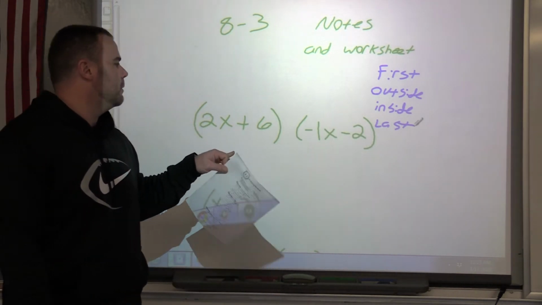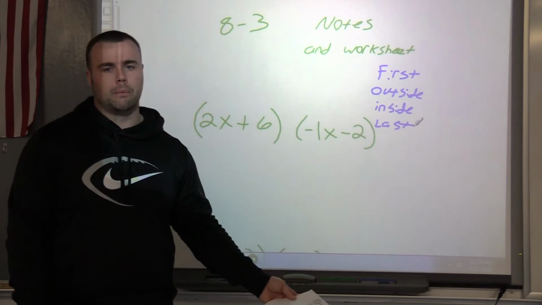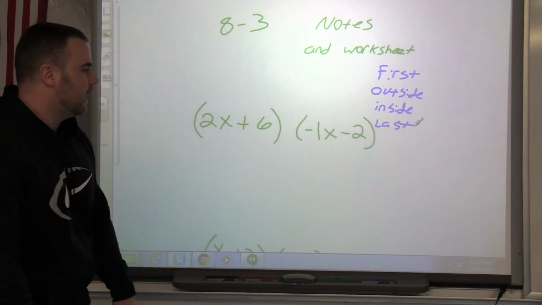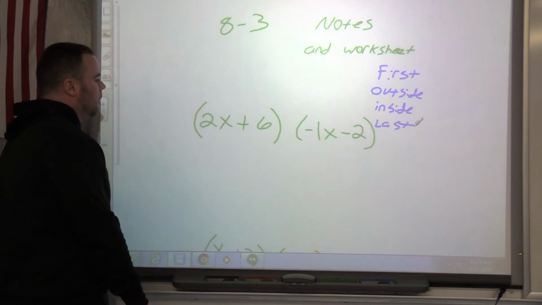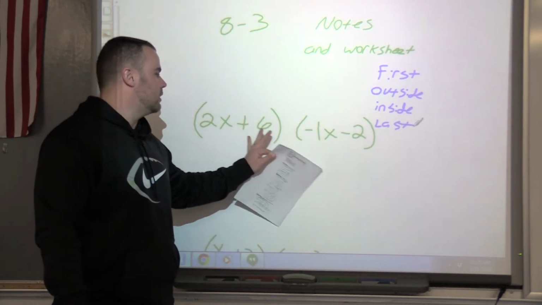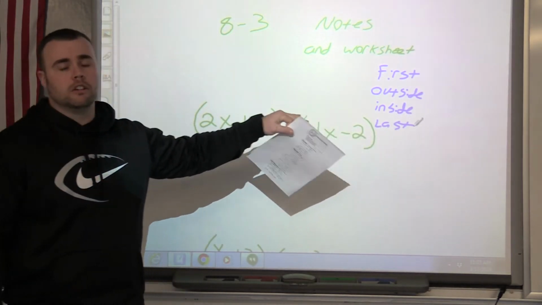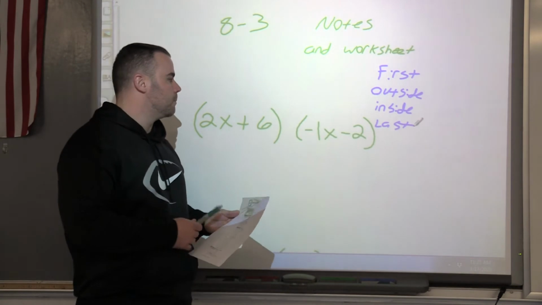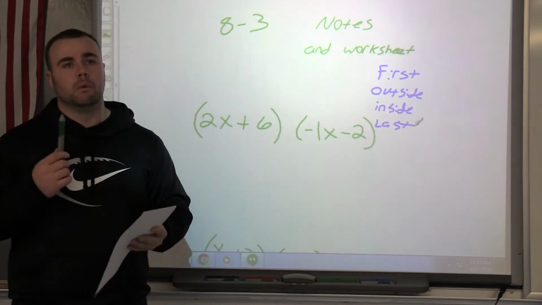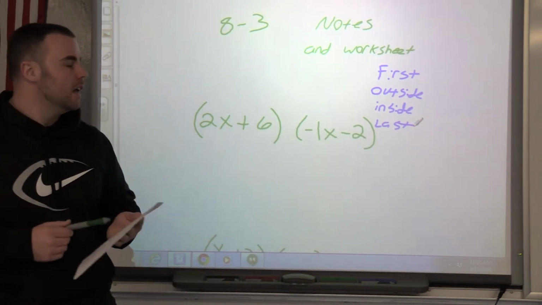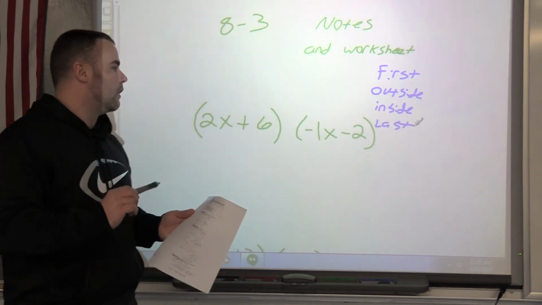They don't always use that anymore. Now they just say distributive property. Whichever way you like, it's kind of the same thing. All you have to do is take everything in this set of parentheses and distribute it to everything in that set of parentheses. When you multiply polynomials, remember, you multiply the whole numbers, you add the exponents, okay? And there'll be some like terms to combine towards the end.